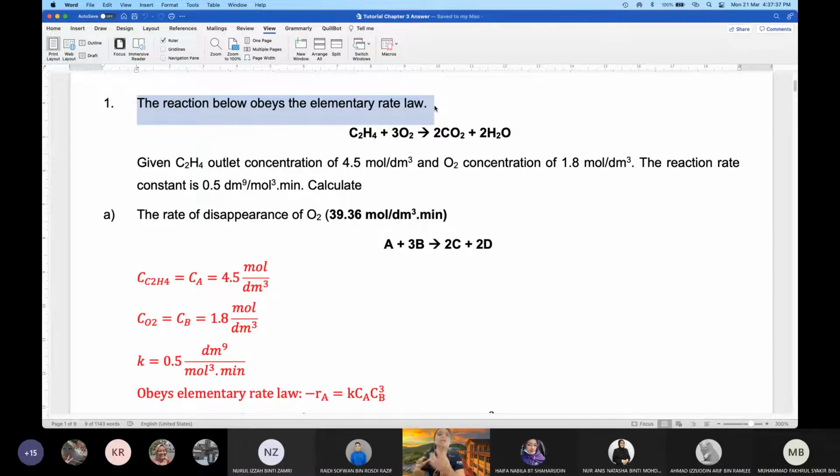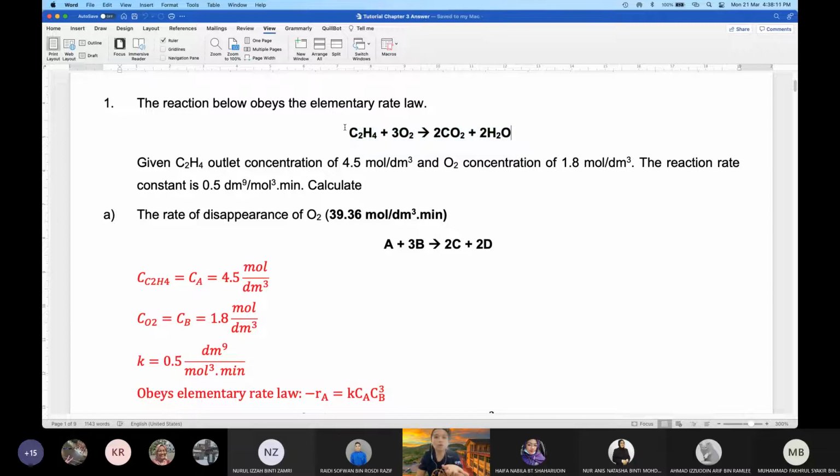Just remember, if and only if the question or the literature states that the reaction obeys elementary rate law, then the reaction order of each reactant is equal to its stoichiometric coefficient. For example, in this case, we have 2 reactants, C2H4 and O2.